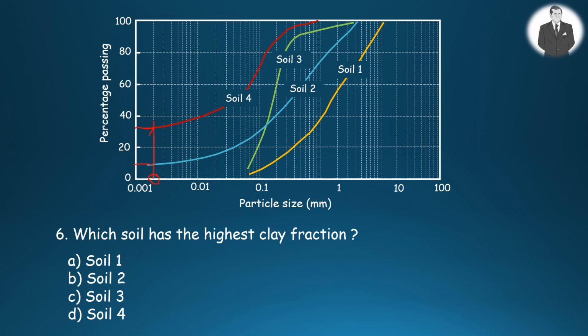So the percentage passing is 10% for soil 2, and it is over 30% for soil 4. Therefore, soil 4 has the highest clay fraction. Accordingly, the answer should be D.